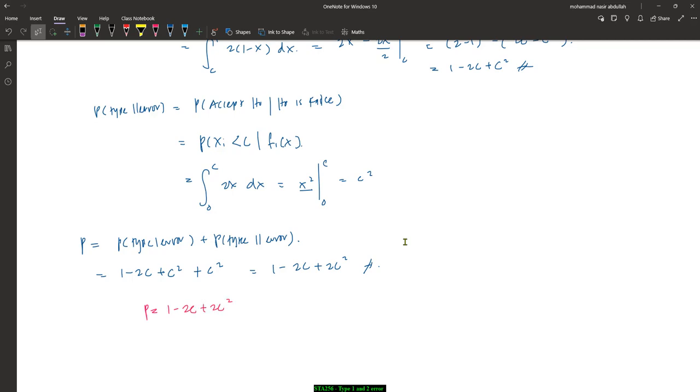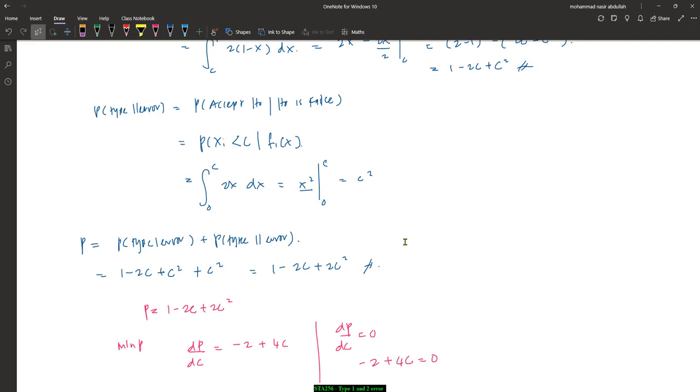To minimize p, differentiate p with respect to c. So this one should be negative 2 plus 4c, right? And then we equate this one to 0, right?